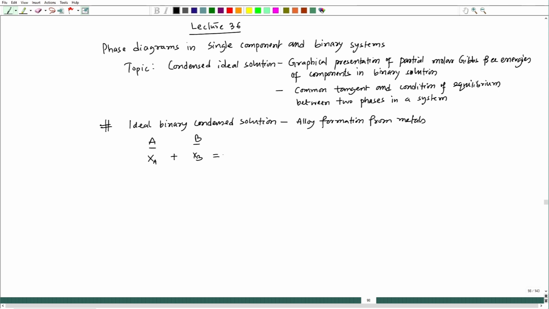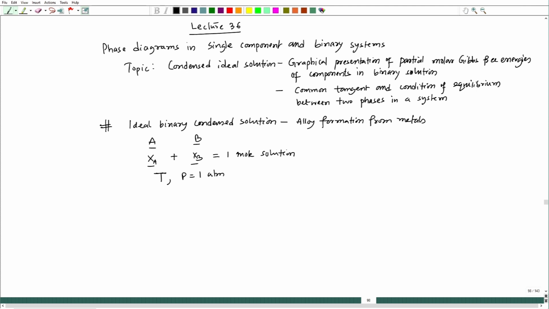So, if we add them together, it gives me 1 mole solution. Fine. So, we are keeping temperature at a particular temperature, we are trying to see the free energy plot with respect to composition, and pressure we are fixing at 1 atmosphere, all the time. So, these are basically the number of moles of A and B in 1 mole solution. So, that becomes basically the mole fractions also.